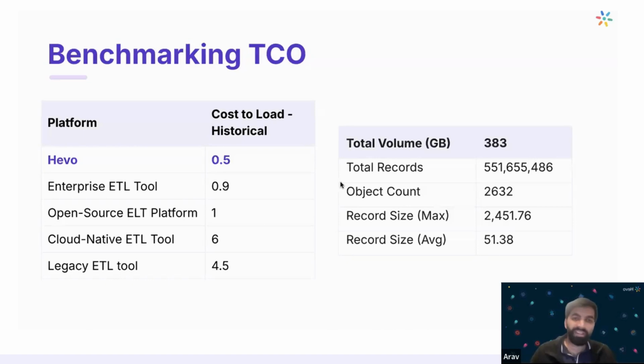Now, different tools take different approaches. This is a very basic historical migration kind of workload, talking about 383 GB in total, about 550 million records with a fairly large number of objects and a mixed row size with a fairly complex structure underneath, with a lot of nested arrays, JSONs, etc., which is representative of any of your true workloads, right?